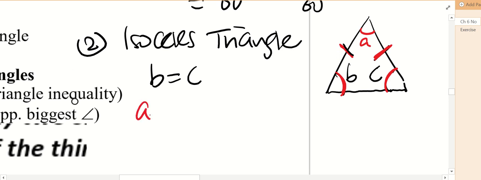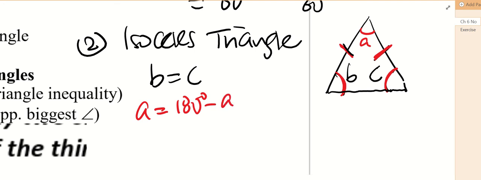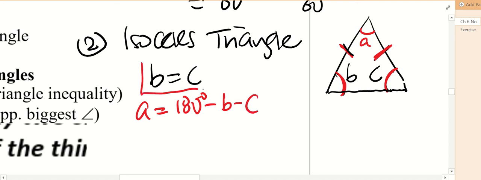So I can also write an extra piece of information here. Angle A equals 180 degrees minus angle B minus angle C. But we also know that B and C are equal.